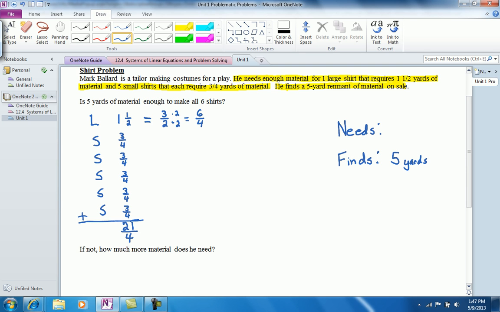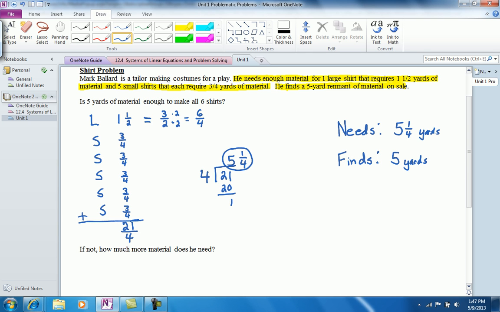It'll make more sense to us as a mixed number, so let's convert it to a mixed number. 4 into 21 goes 5 times, just 20, leaving a remainder of 1. So 5 1/4 is how much Mark needs to make the 1 large shirt and the 5 small shirts.